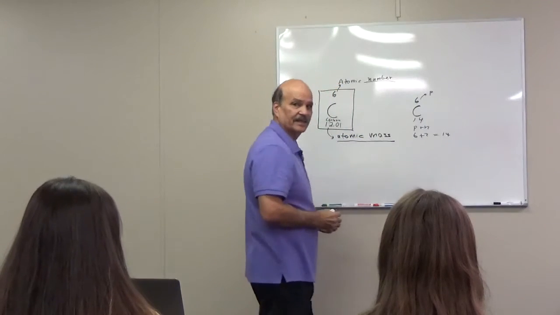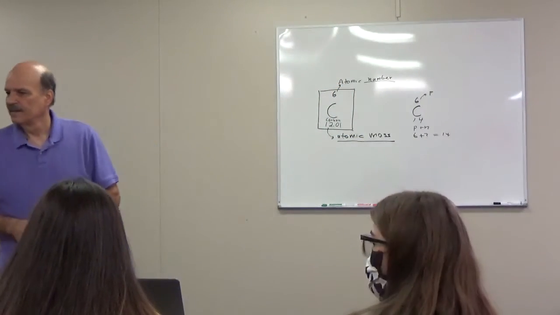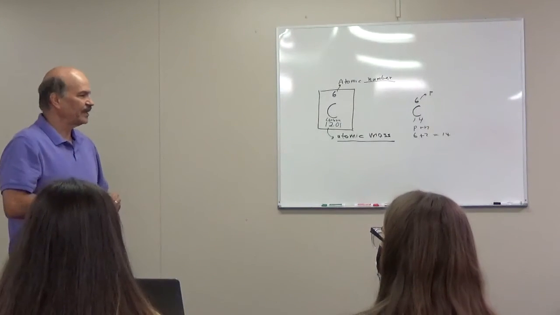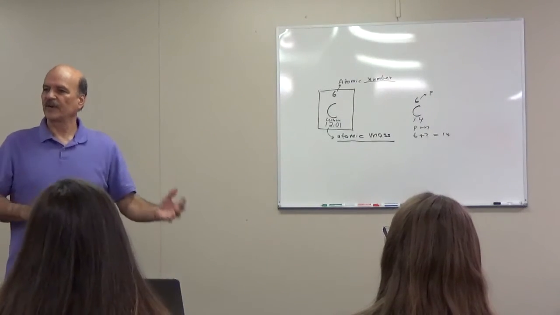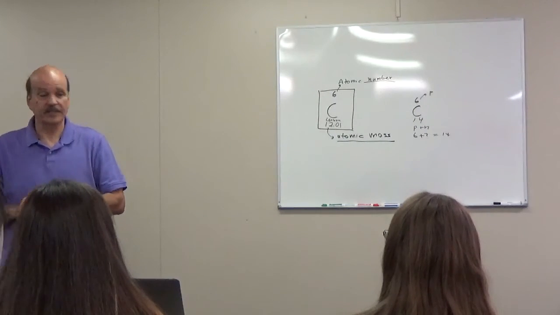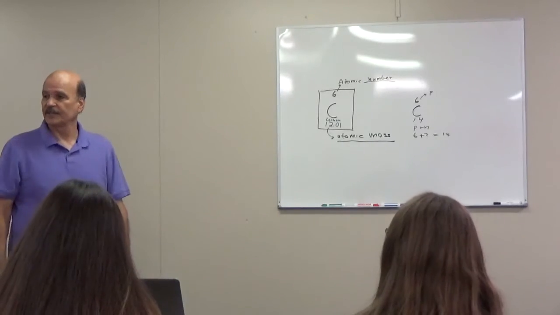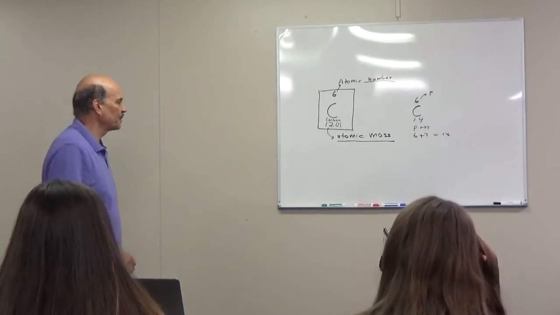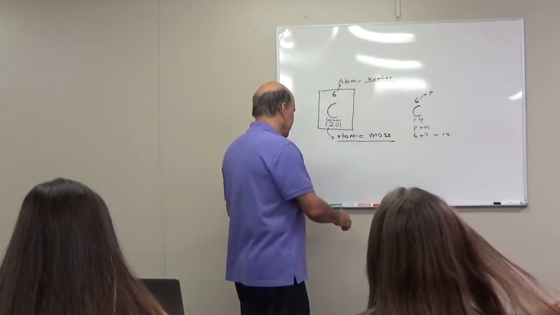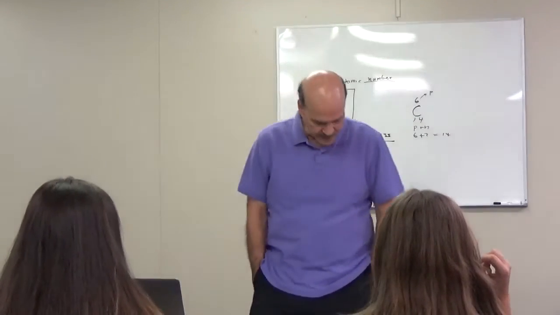You can tell it's 8. That's all there is to it. It's not hard to determine. So when they say something like carbon 14 or carbon 12, the 14 is atomic mass. They don't have to tell you the atomic number because if it's carbon, the atomic number is 6, or else it's not carbon. So anyway, those are some of the things they'll expect you to know how to do.